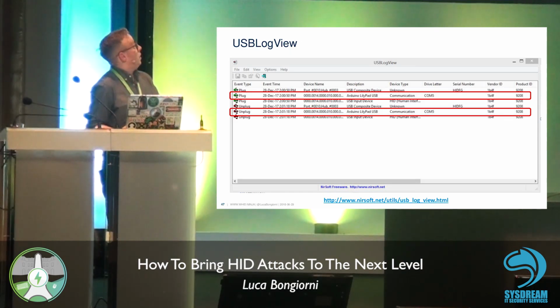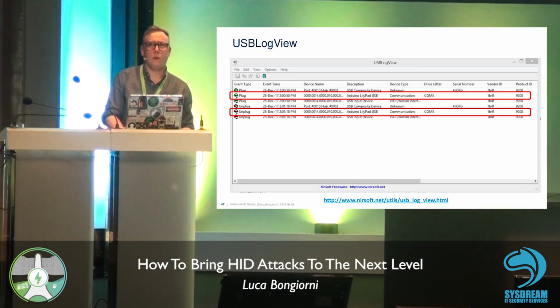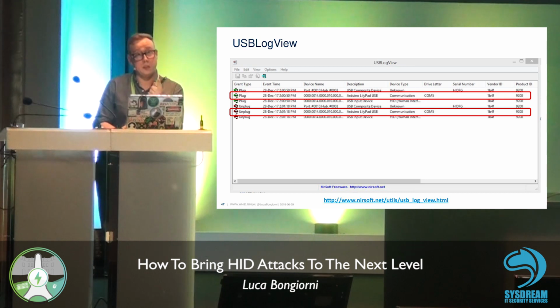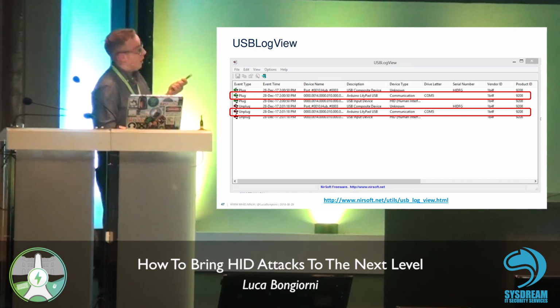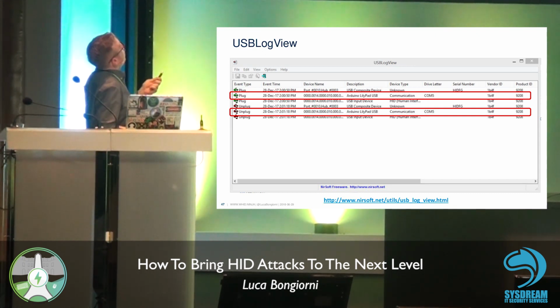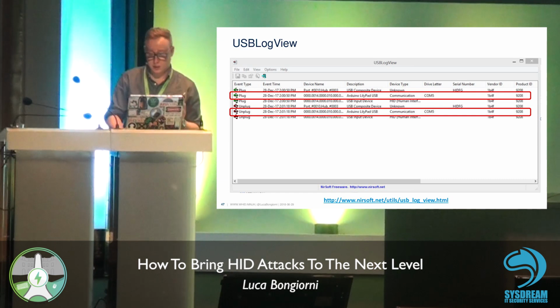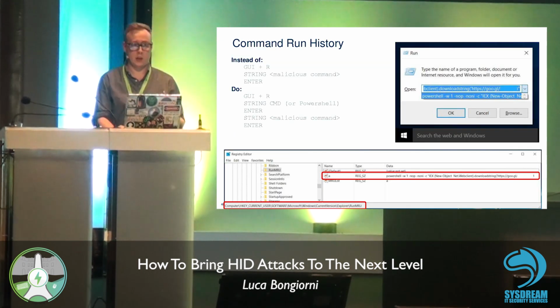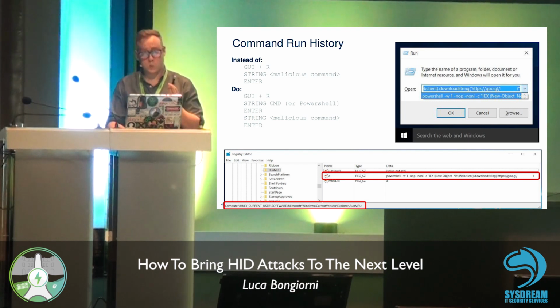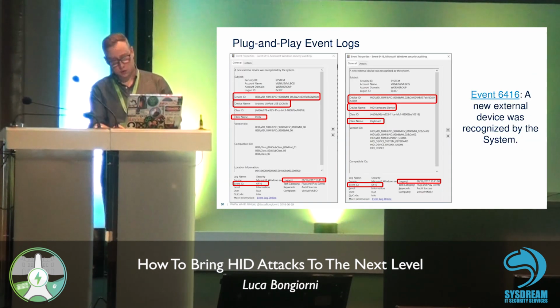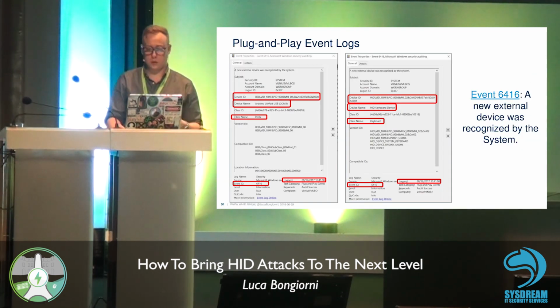Another thing that we can find since Windows 10 and Windows Server 2016 is this group policy: audit PNP activity. Once this policy is enabled, every time you plug in a human interface device, it will trigger the event 6416, which is called a new external device was recognized by the system.